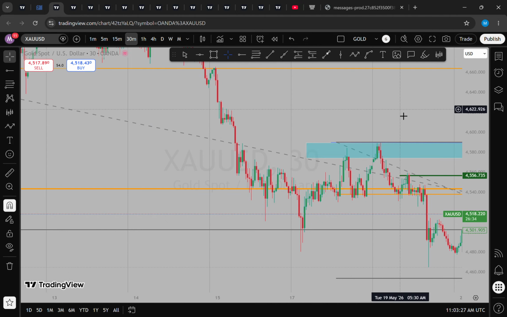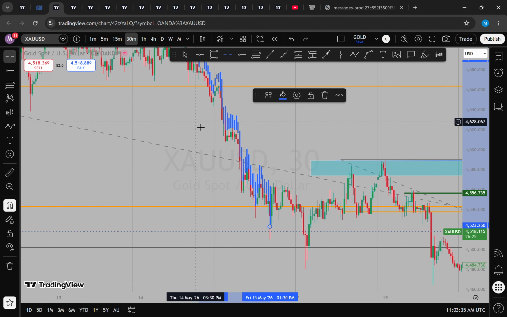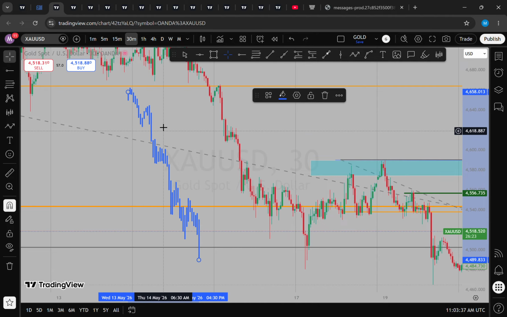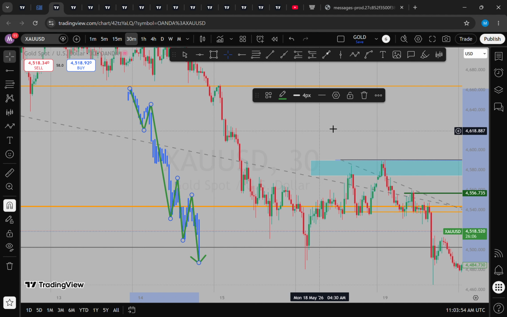That is how to identify a downtrend. You can see again, high, low, this is a lower high, lower low, lower high, lower low, lower high, lower low.